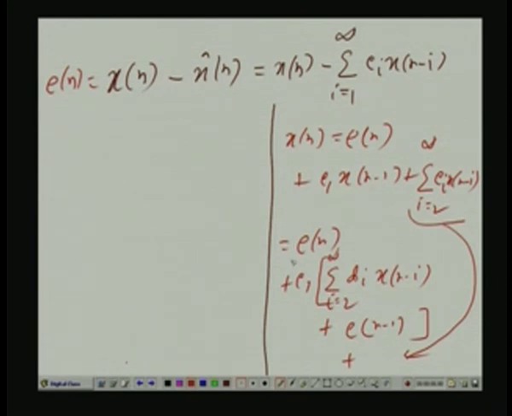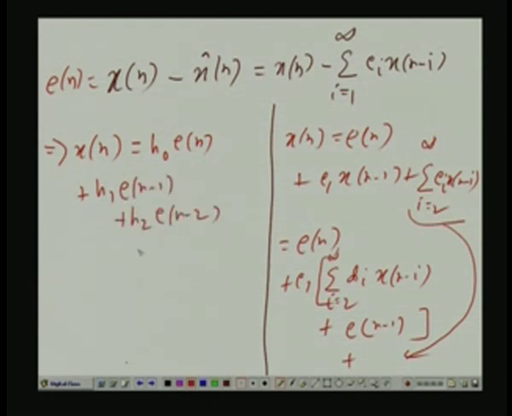Only E n will have coefficient 1, others will have some non-zero coefficients. Okay. So, that means x n can be written as a linear combination of H 0 E n, where H 0 is actually 1, then H 1 E n minus 1, H 2 E n minus 2, plus dot dot dot.